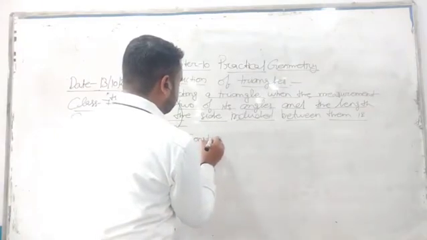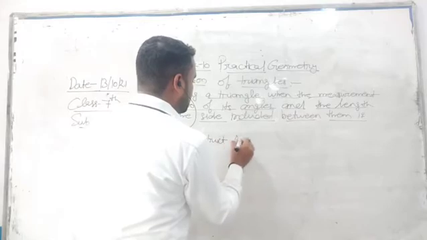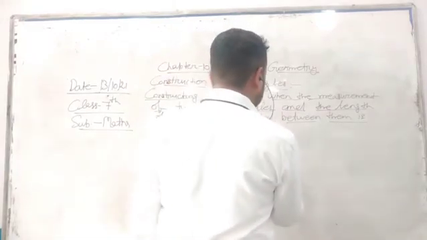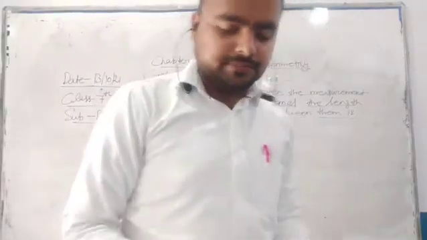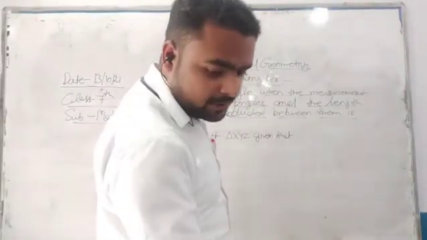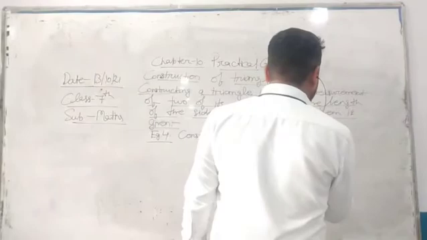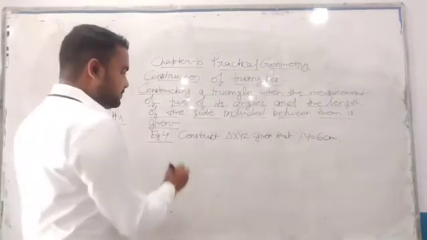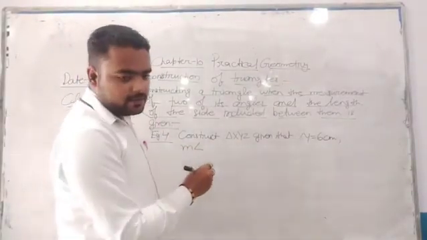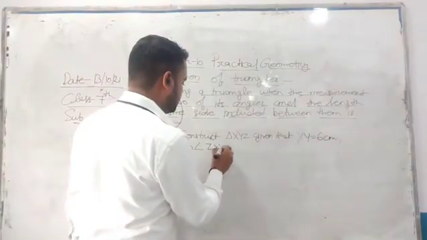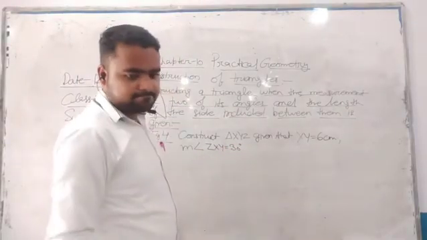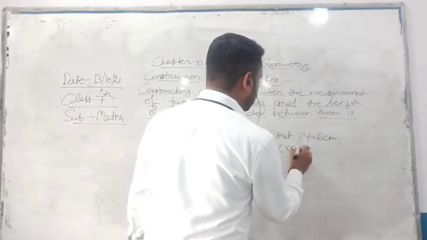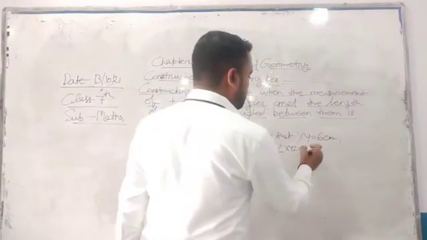Construct a triangle XYZ given that the measurement of the side XY equals 6 centimeter, and the measurement of angle ZXY is 30 degree, and measurement of angle XYZ is 100 degree.